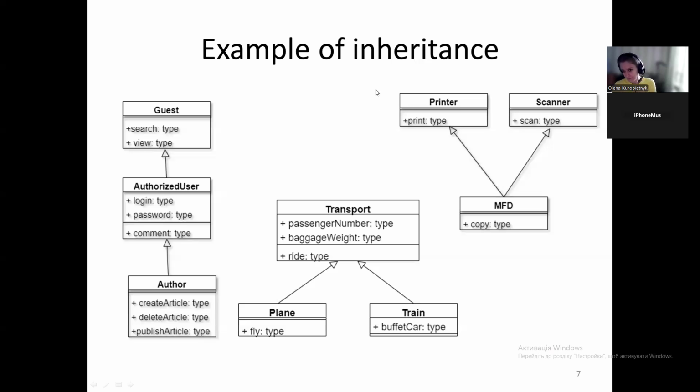If we have this case, we have two parent or two base classes, printer and scanner. After that, we create a new class, MFD. It's a multifunctional device, and this device is a child of printer and scanner, and this device can print, scan, and copy some information.